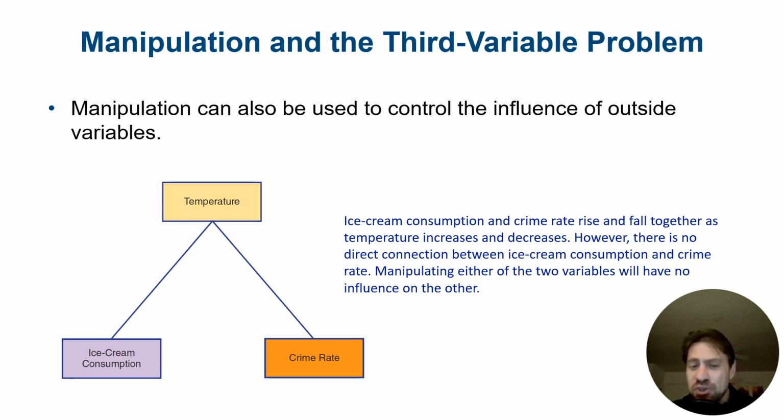So ice cream consumption doesn't affect crime rates, and crime rates don't affect ice cream consumption. In doing so, you have demonstrated that there's no causal relationship between crime rates and ice cream consumption. And thus you have dealt with the third variable problem. And so this strengthens the case that changes in temperature, and not crime rates, are what cause changes in ice cream consumption.